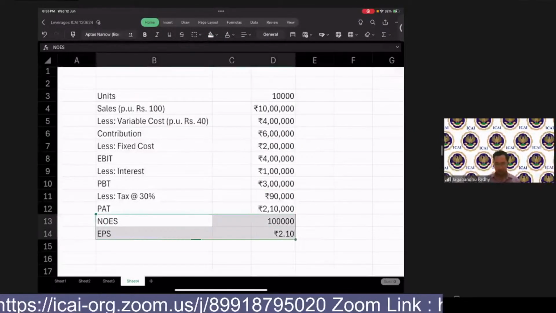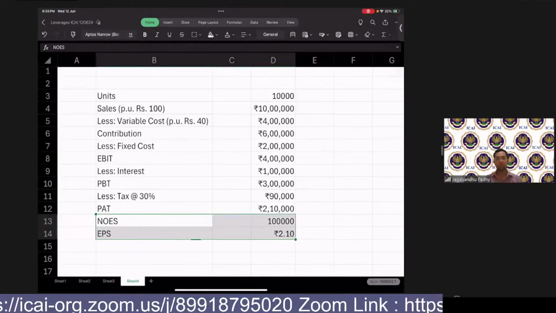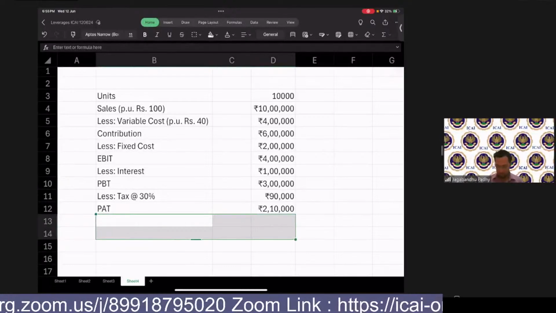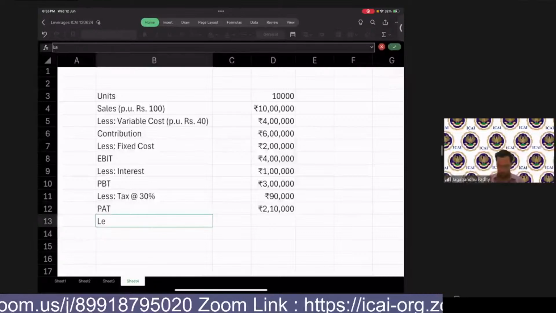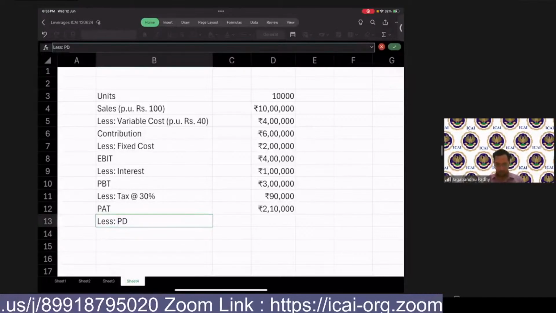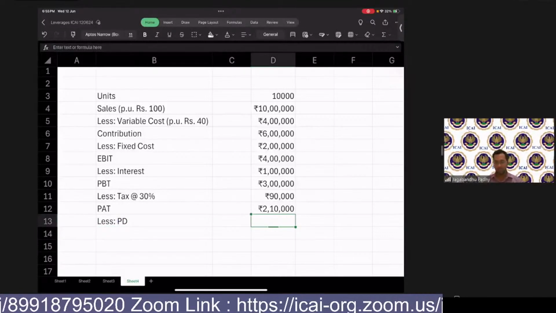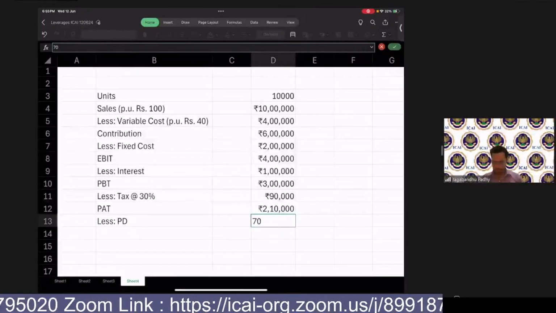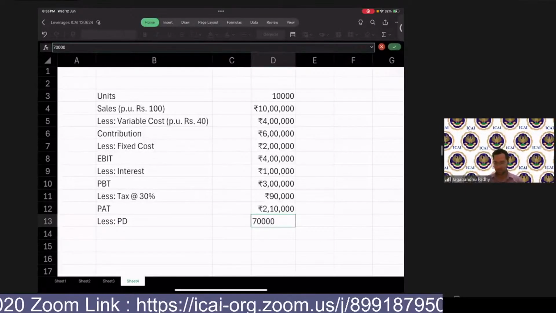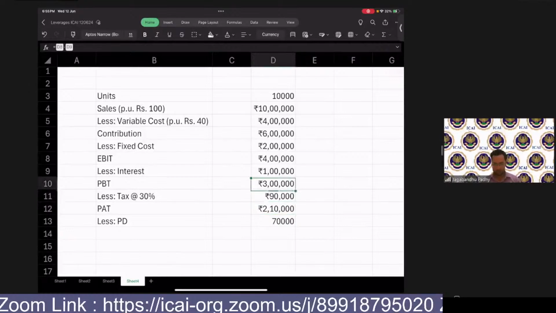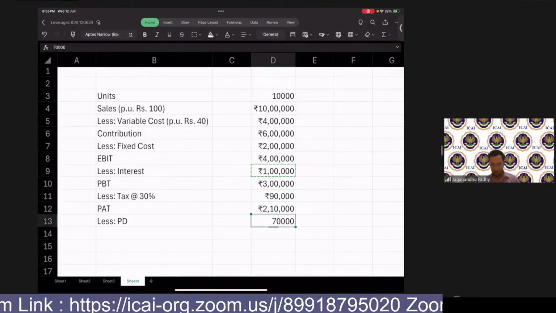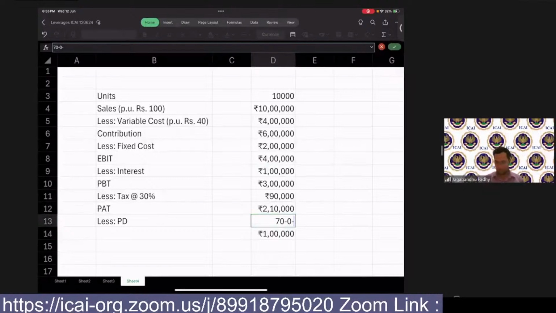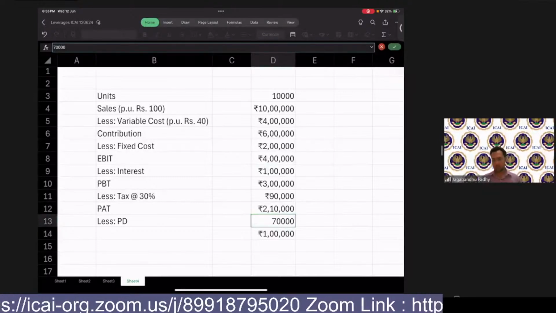From the profit, we are not going to directly divide by the number of equity shares. Rather, we will be reducing the preference dividend. So let's say you're paying a preference dividend of 70,000.